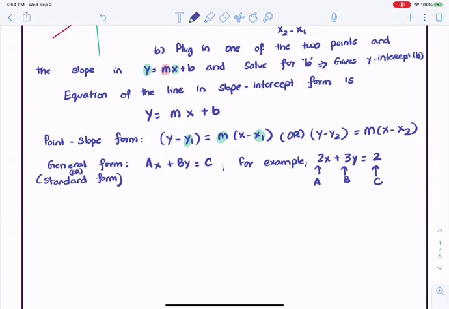A key thing to note here is you can take the point slope form, you do some algebra, add, subtract, divide, multiply, and you will get the slope intercept form.